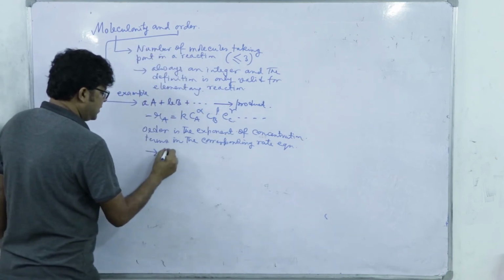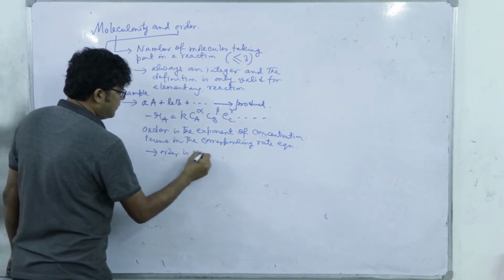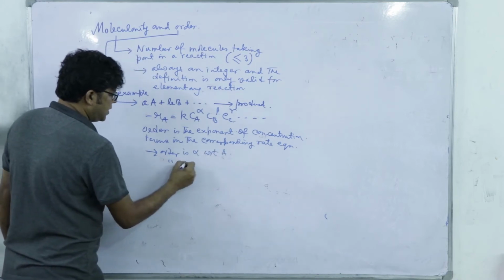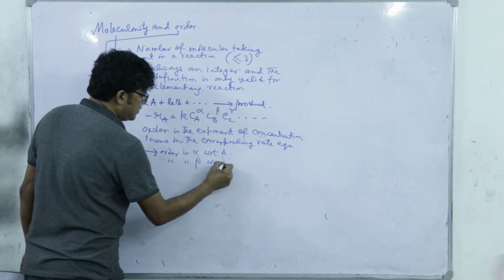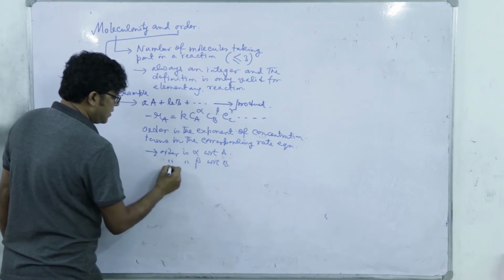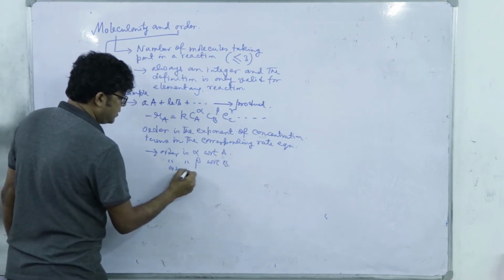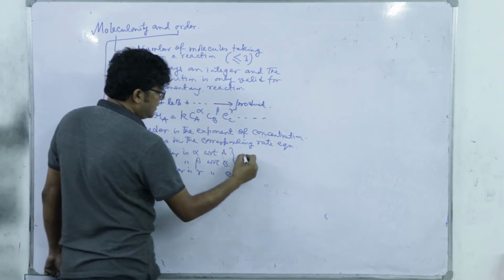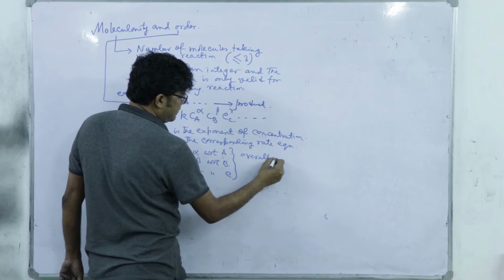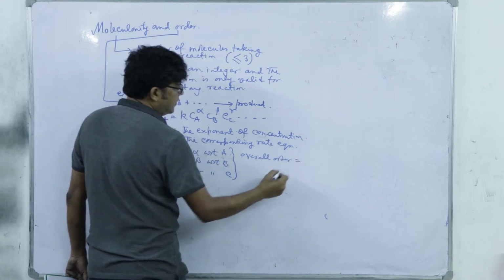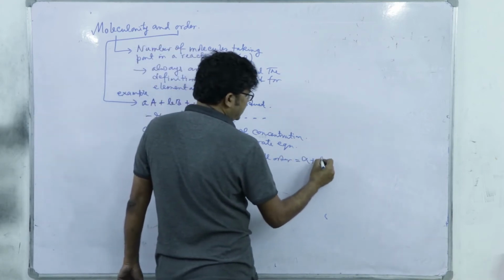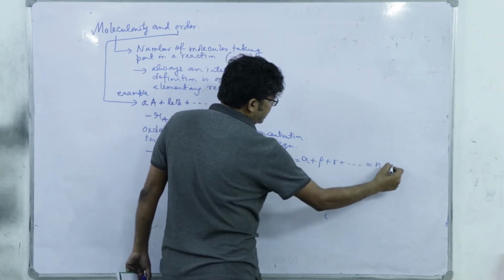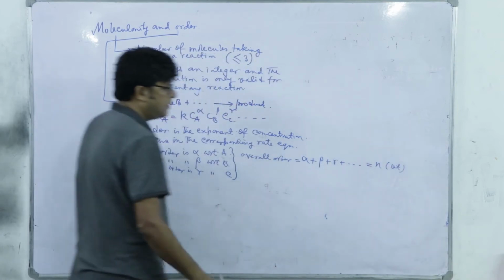So, order is alpha with respect to A, order is beta with respect to B, order is gamma with respect to C, and overall order is alpha plus beta plus gamma, let it be equal to n, right.